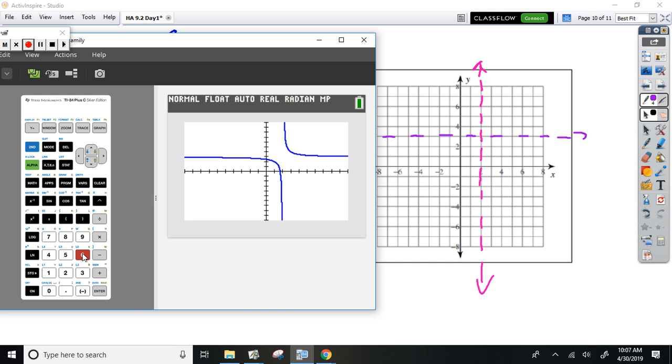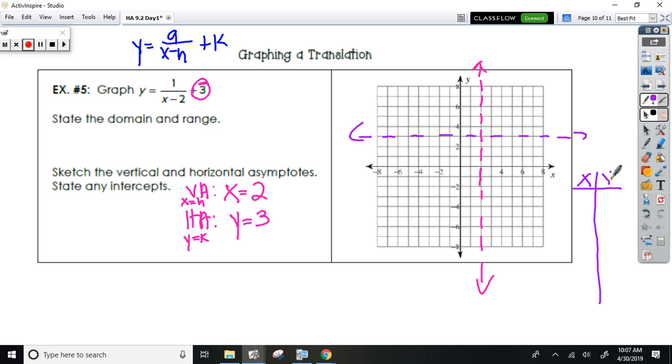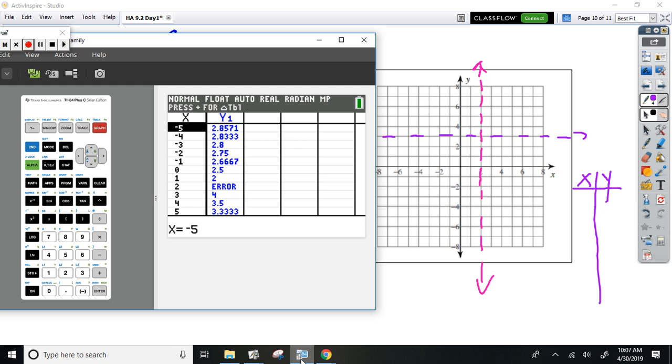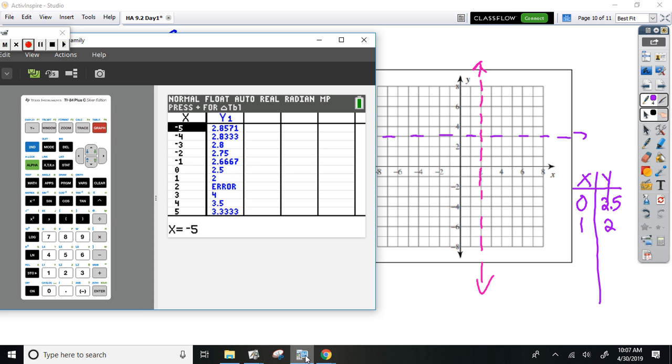All right, now to get that on our paper, we probably want to get our table to be able to plot some points. And you don't have to write this down. You can just plot them from your calculator screen, but just for notes so we know what we're plotting. So maybe like 0, 2.5, 1, 2. I like to pick like whole numbers or half numbers. Notice that 2, there's an error, which makes sense, right?